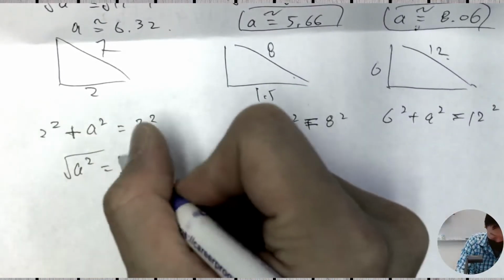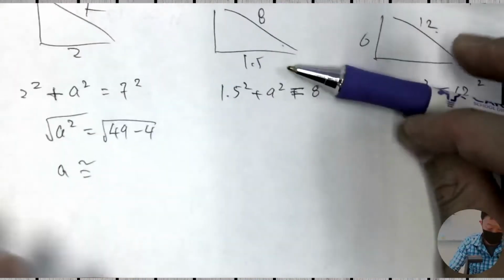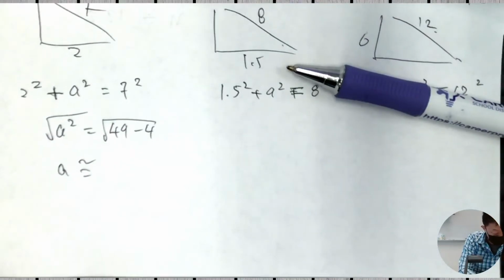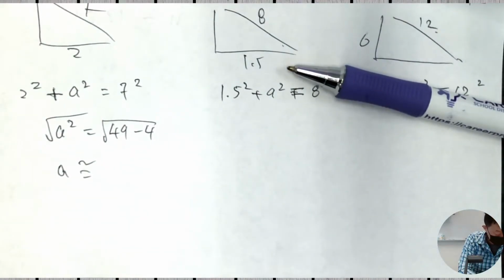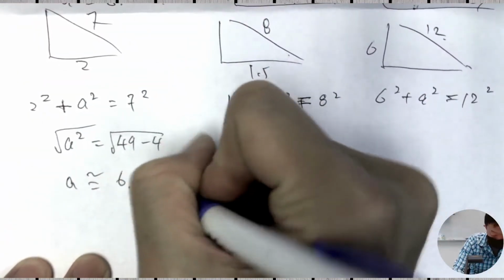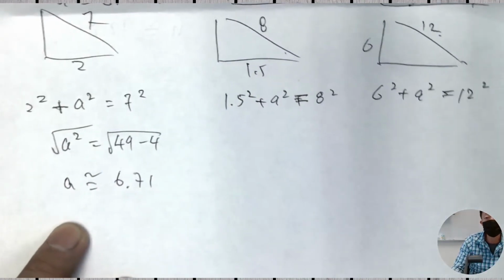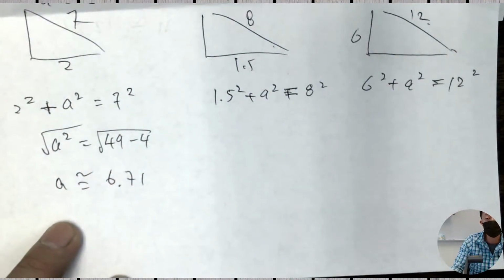And we're going to square root both sides. A will be approximately equal to the square root of 45. That would be 6.71 approximately. Raise your hand if you got 6.71. Jennifer, did you get 6.71?